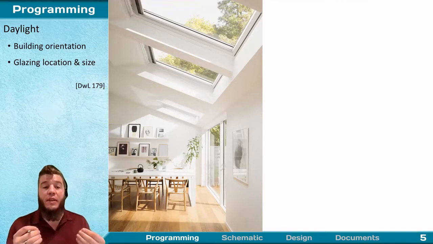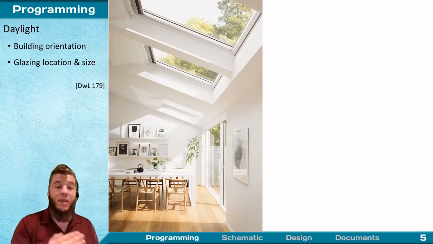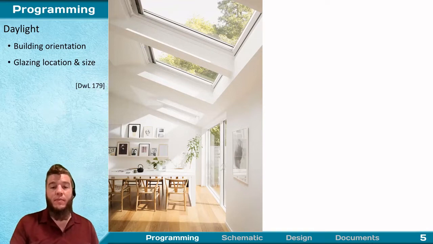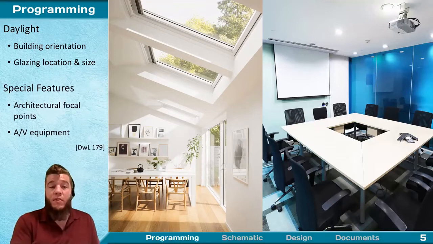And then also the glazing location and size. Obviously, skylights provide a very different distribution of daylight inside the space than the windows inside those doors do. And then, of course, understanding the special features of your space. So that importantly includes architectural focal points.